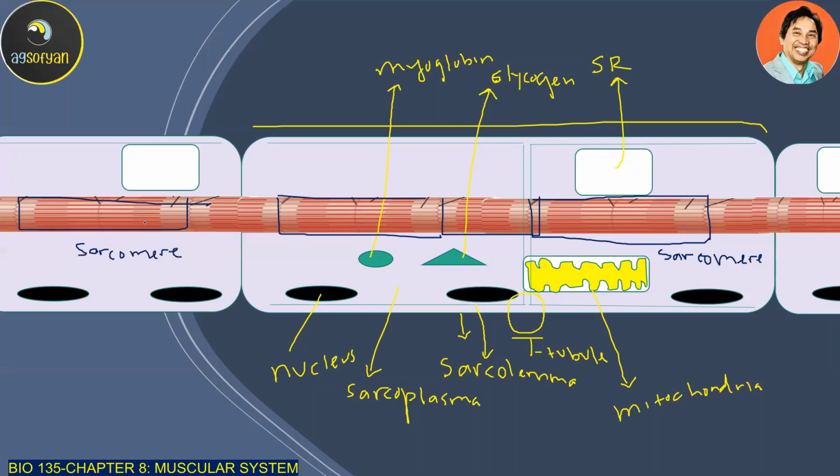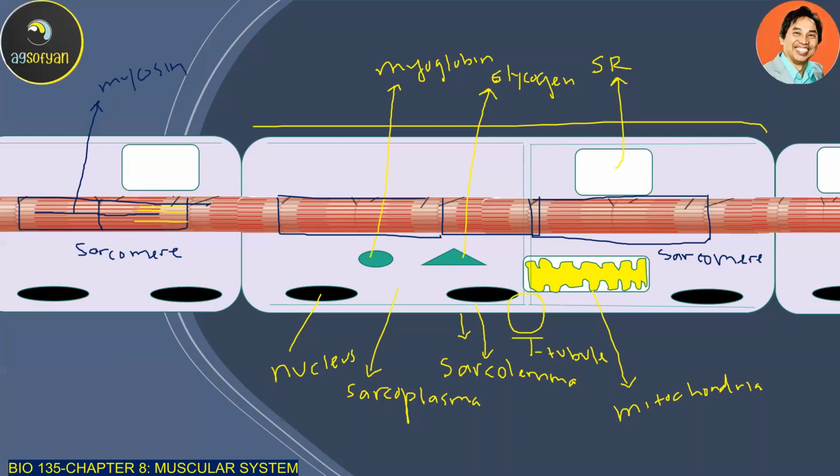Okay, and then if you see the sarcomere, it has the thick filament that attaches to the middle protein over here. That thick filament is called myosin. Okay? And then you also see the thin filament, which is this one over here, that attaches to the Z disc, okay, to the border.